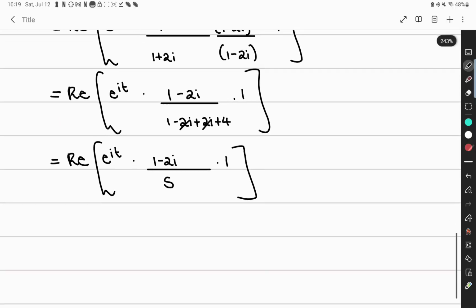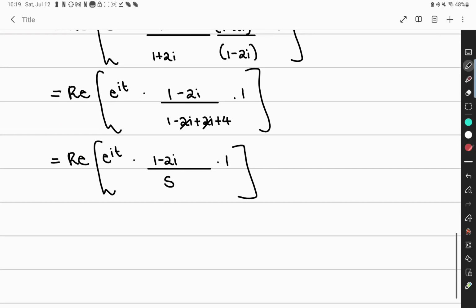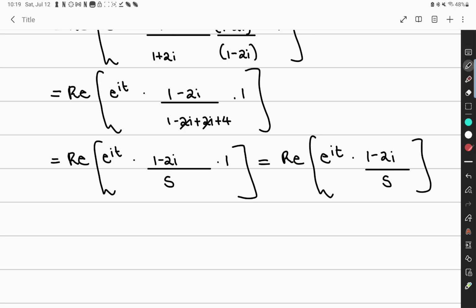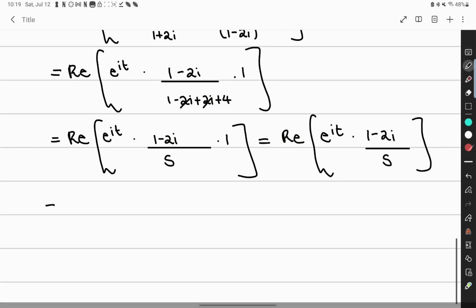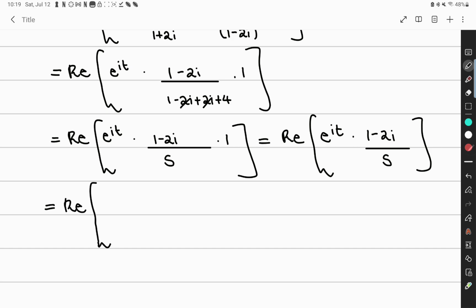Now what I'm going to do is multiply the 1 throughout, which will just give us e^(it) times 1 minus 2i over 5. Then I'm going to convert the e^(it).